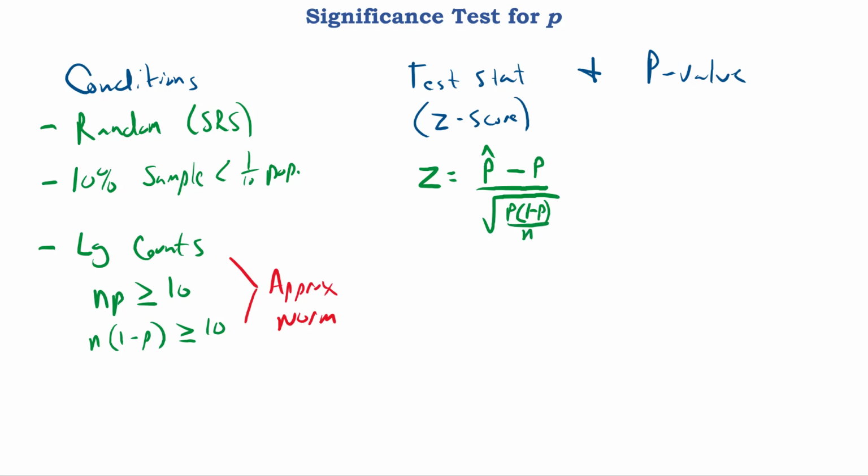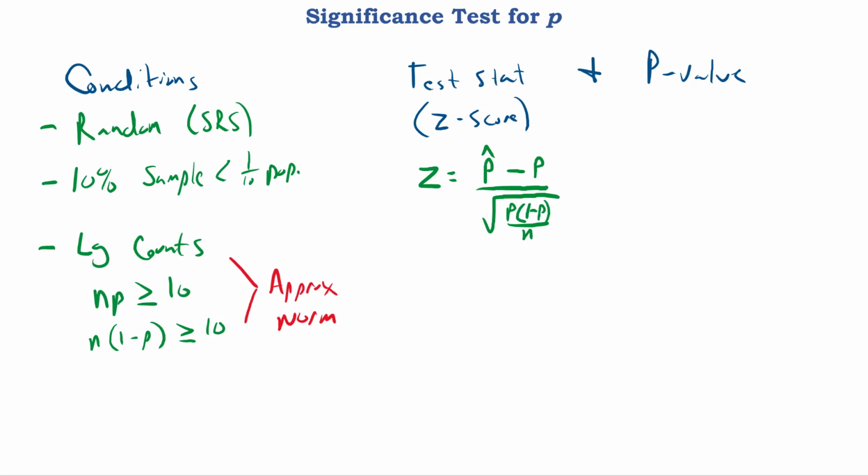That gives you the standard deviation at the bottom, and overall this calculation, your p hat minus p divided by the standard deviation, gives you your test statistic or z-score. When you're figuring out your p, the overall proportion should be given to you in the problem that's presented.